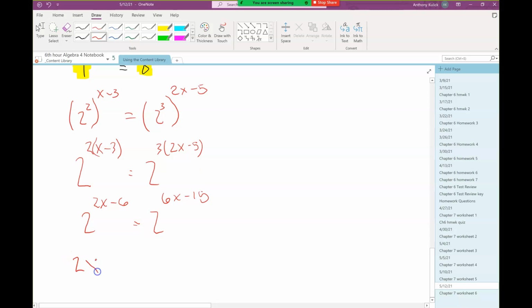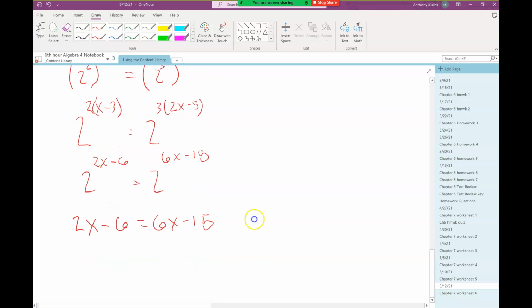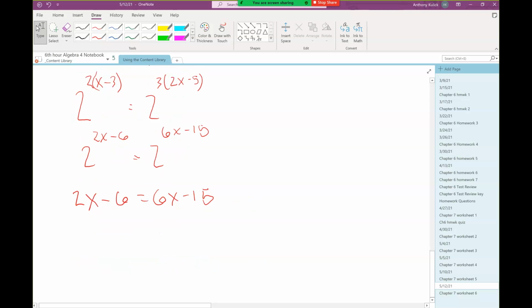So that just allows us to drop the exponent bases. And now I can subtract 2 from both sides to get 4x, and add 15 to both sides to get 9. And if I divide both sides by 4, I get x is equal to 9/4. That's all you do for that one.